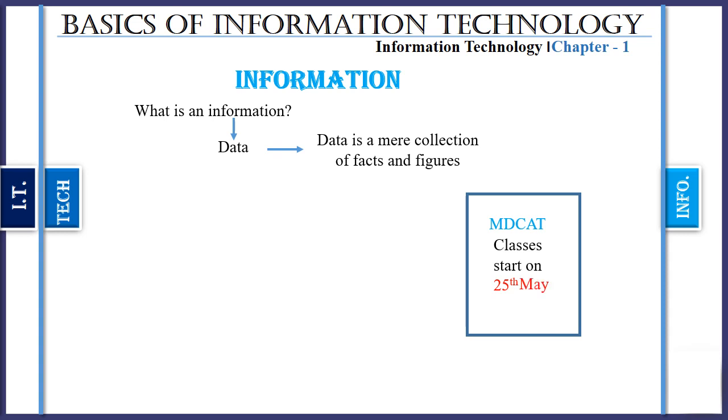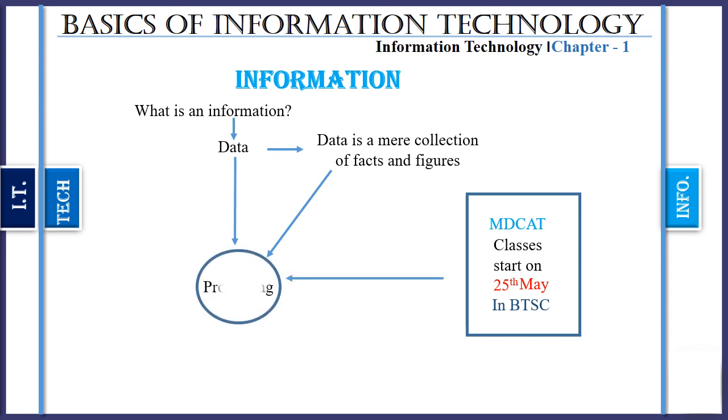And if I add the month of May along with 25th, then it gives me a clear picture that MDCAT classes are going to start in PTSC. So data, which is a mere collection of facts and figures, when it is processed, becomes information.